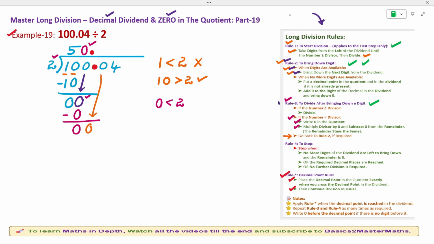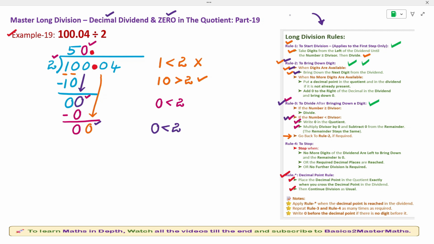Let us apply rule 3 again. Observe, now the number becomes 0, which is less than the divisor 2.